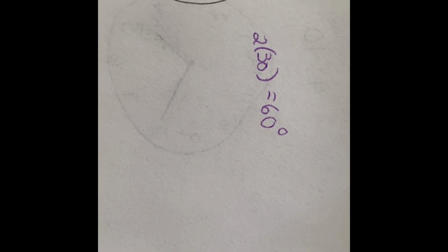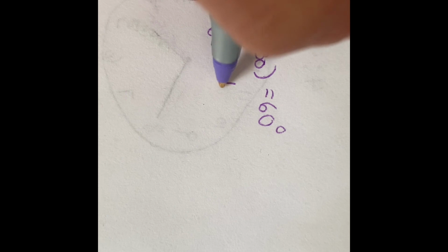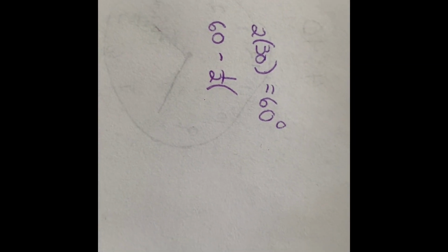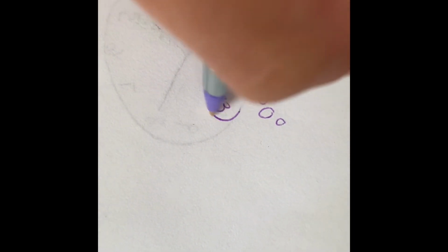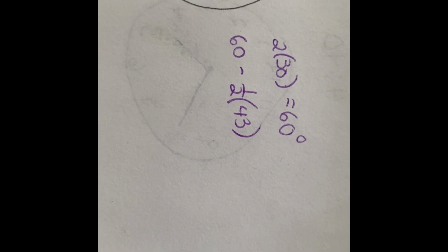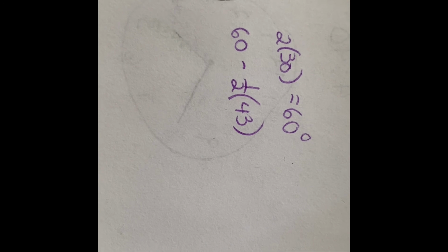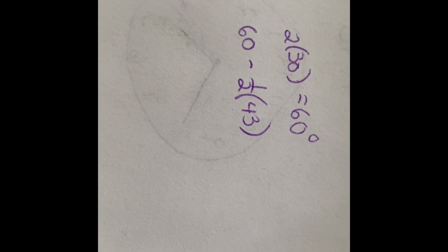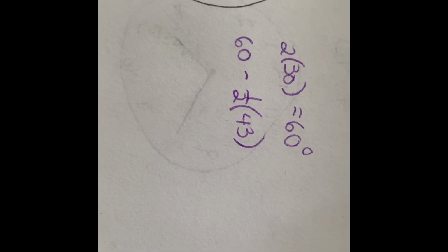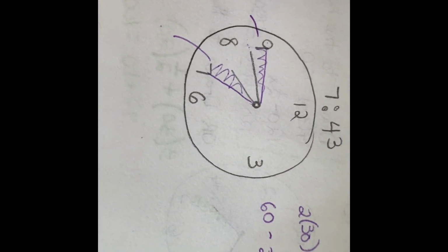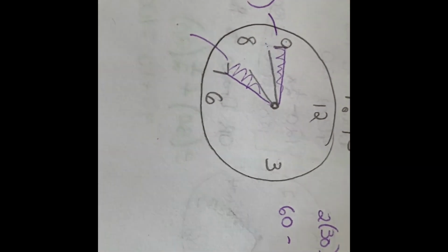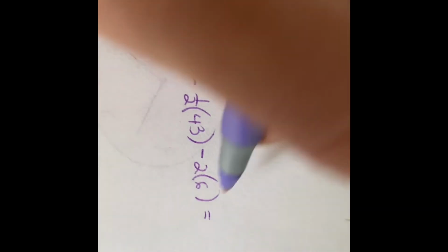I've got to take away the 1/2 of the 43 minutes that have passed. And now when I look at how many minutes are between the 9 and the 43, 2 minutes are in between them. So I've got 2 times 6, which I'm also taking away, and I end up getting the exact same result of 26.5.